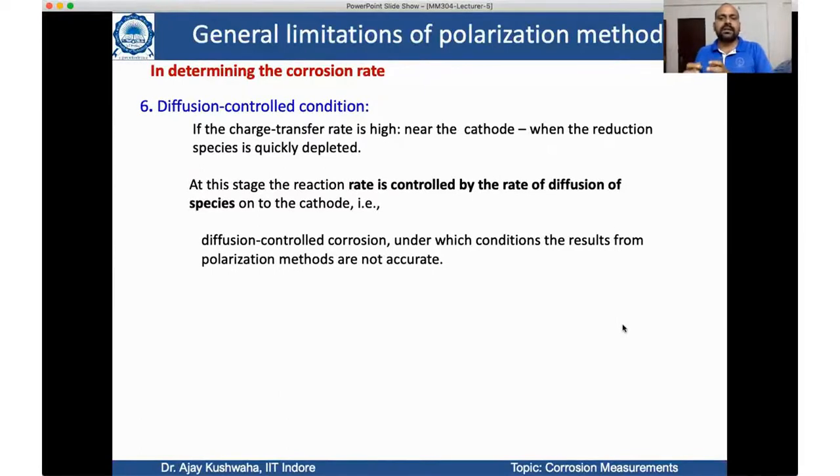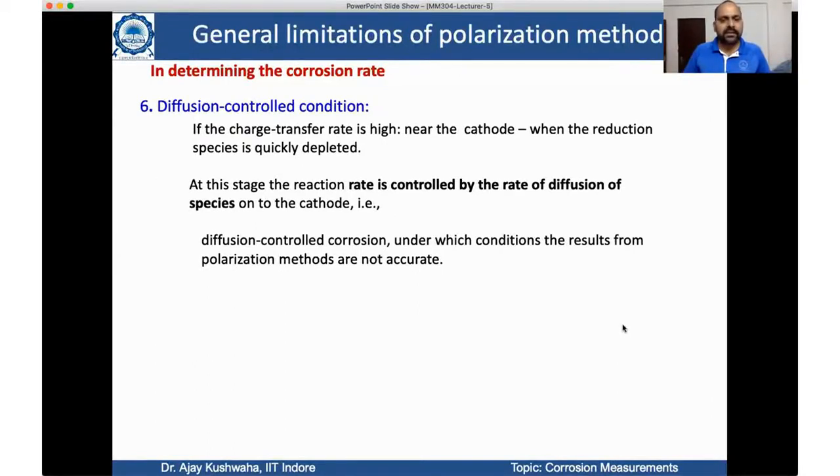But if some species are there, or we have a very quick and very high charge transfer, then at the cathode side we get a large number of ions which can be reduced, and we form a depletion region. This means your cathode is not enough to reduce all the ions at a time, and it forms a kind of layer. So whatever actual corrosion current is there, we are not able to observe it because this layer is creating a kind of barrier.